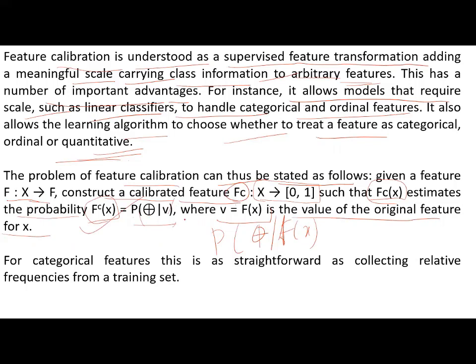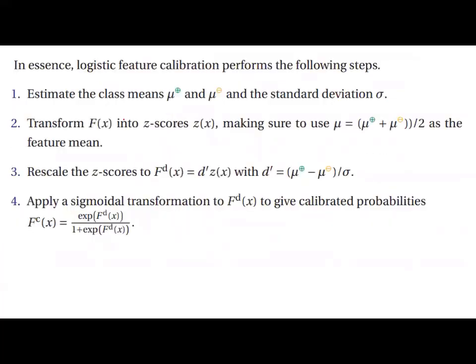So this is the calibration in some form. For categorical features, this is as straightforward as collecting relative frequencies from a training set. This is called normalization and calibration.